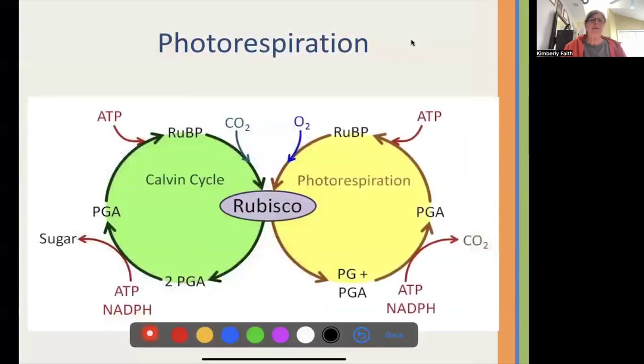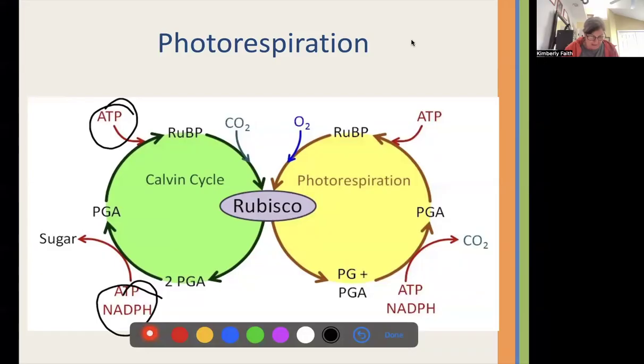All right. Now, we do have a problem called photorespiration. If you think about it, we talked about photosynthesis and we talked about cellular respiration. Hey, let's put them together. Okay, so green is good, yellow is bad. We just followed the Calvin cycle, right? We put in ATP, we put in our NADPH, and we got out what we want.